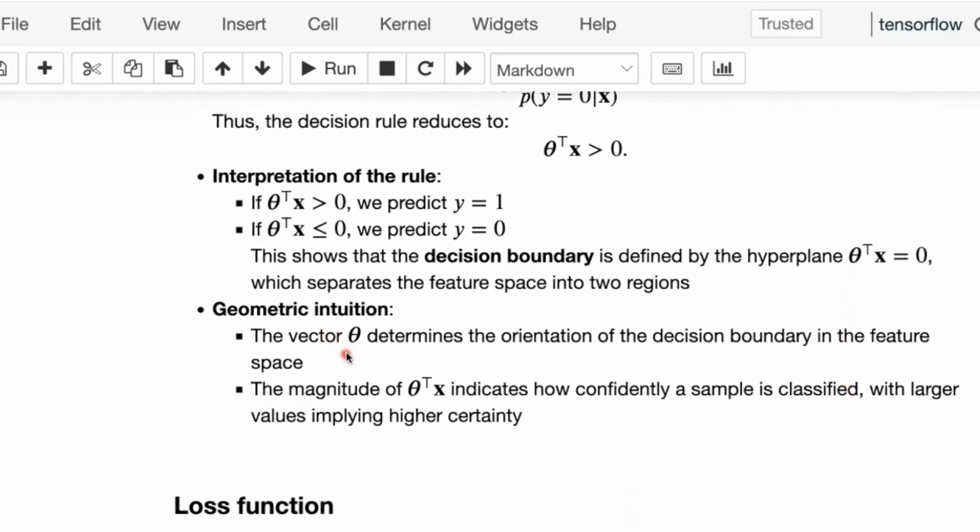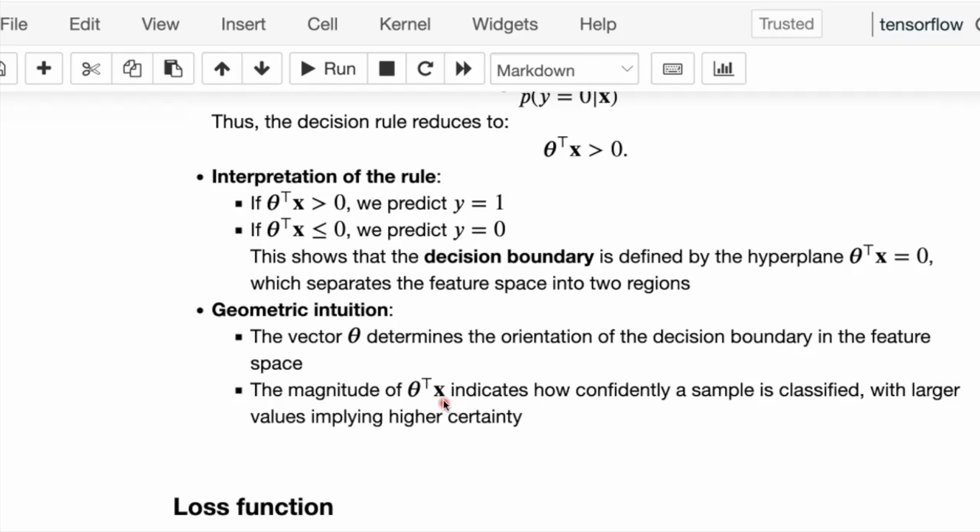And therefore, the geometric intuition here is that the vector theta, we have to find it, but once you find it, this determines the orientation of the decision boundary in the feature space. And then the magnitude of theta transpose x indicates how confident we are, because larger values mean that we are more certain, meaning that we are further away from the hyperplane that separates the two classes, so it's less likely that we are making a mistake.